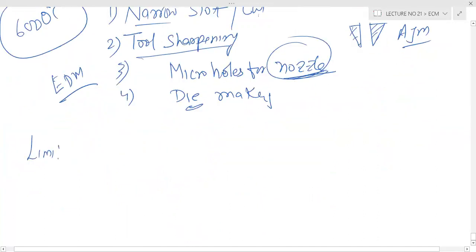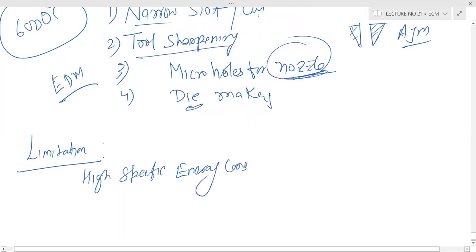Limitations. What are the limitations or disadvantages? High specific energy consumption.